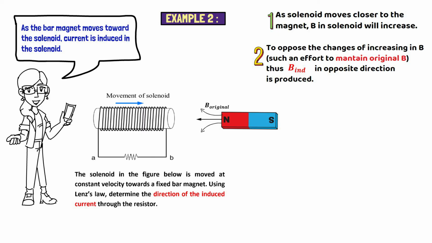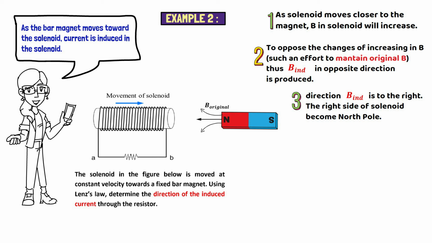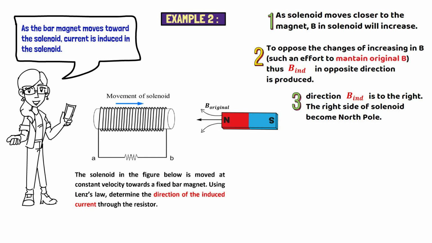Jadi untuk dilawan perubahan peningkatan B tadi, that means such an effort to maintain its original B, so induced magnetic field will produce in opposite direction as the original B. Kalau original B kita tadi ke kiri, automatically the direction of the induced magnetic field should be in opposite direction, iaitu ke kanan. Okay, so now direction of the magnetic field is to the right, so the right side of the solenoid become north pole.